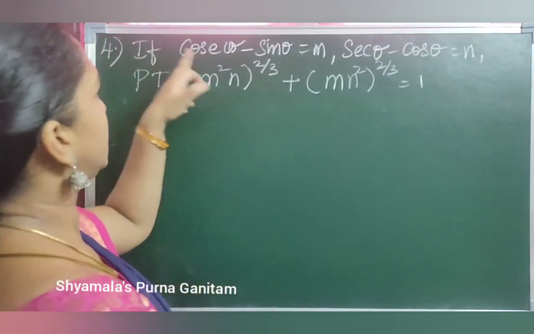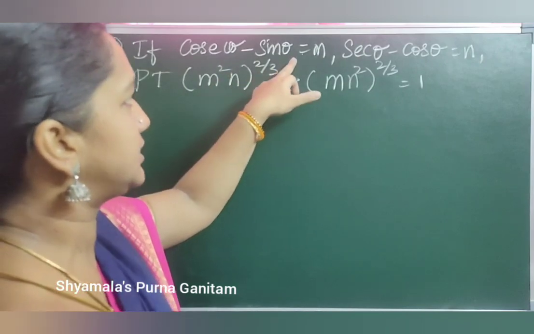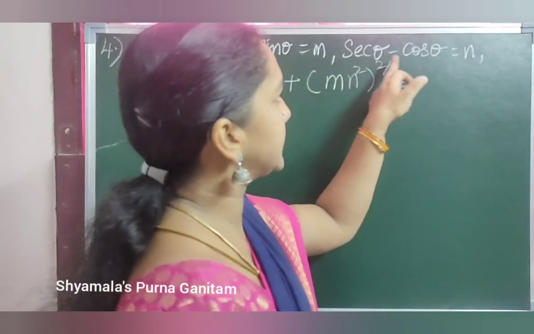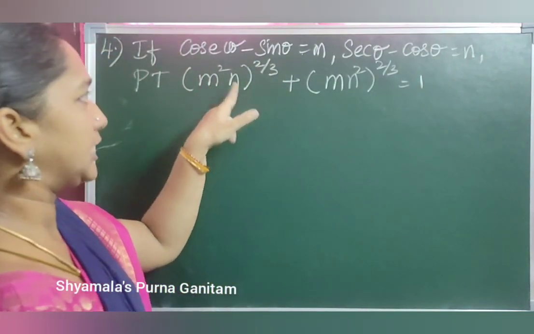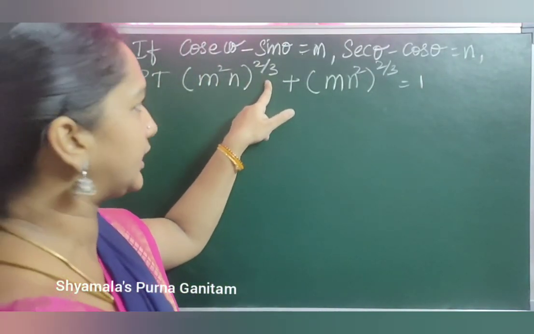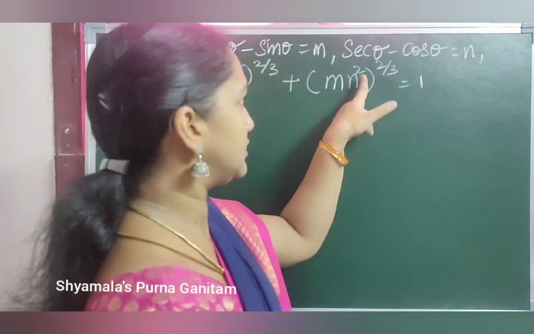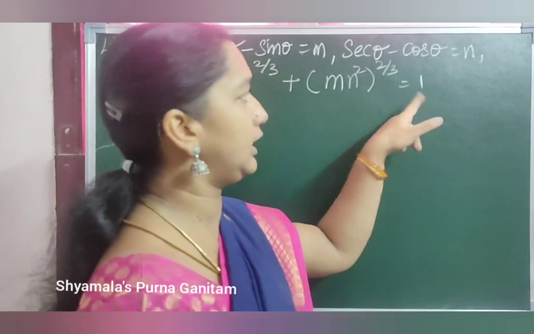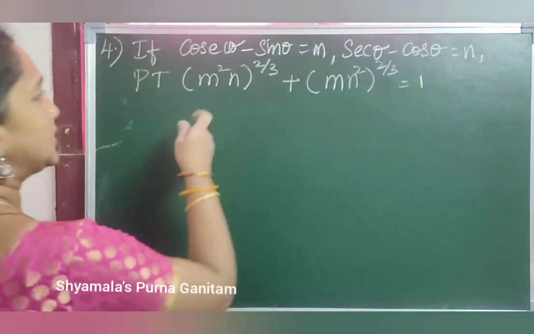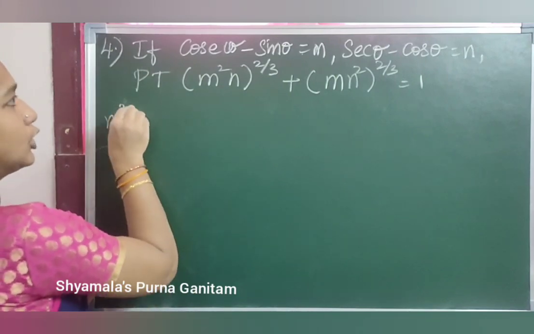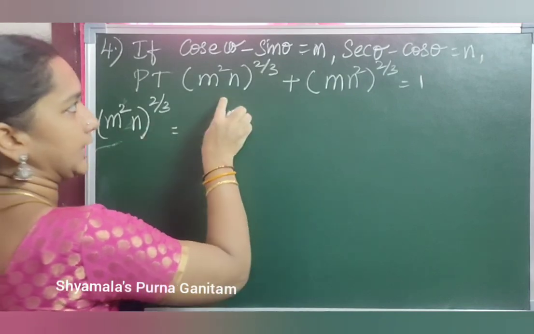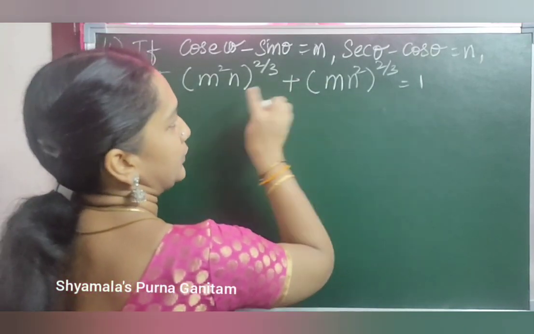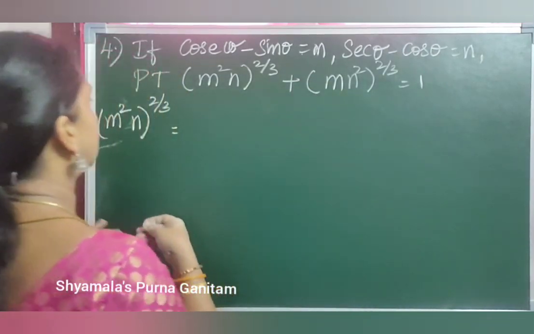Fourth sum. If cosecant theta minus sin theta is equal to m and secant theta minus cos theta is equal to n, prove that (m squared n) whole power 2 by 3 plus (n squared m) whole power 2 by 3 is equal to 1. So first we will find the value of (m squared n) whole power 2 by 3 separately. We will find the value for these two things separately, then we can add it.